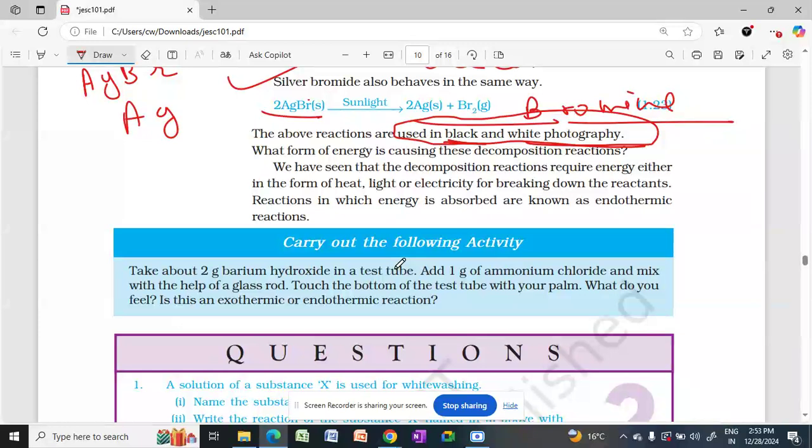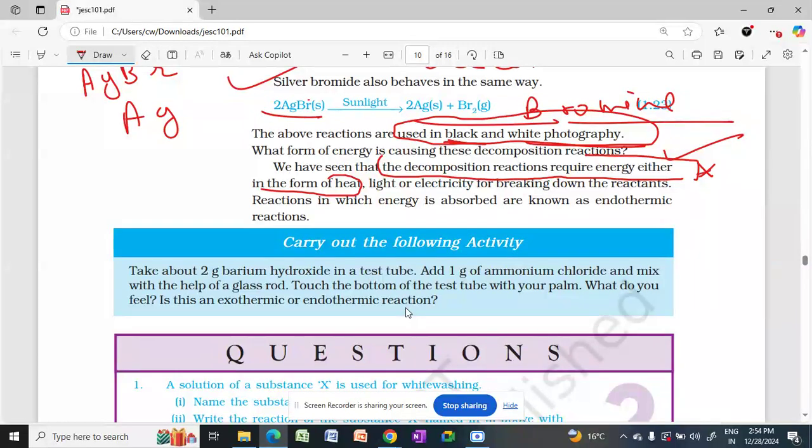Okay. So this is what we discussed. So next, underline this: the decomposition reactions require energy, either in the form of heat. Decomposition reactions, they require what?